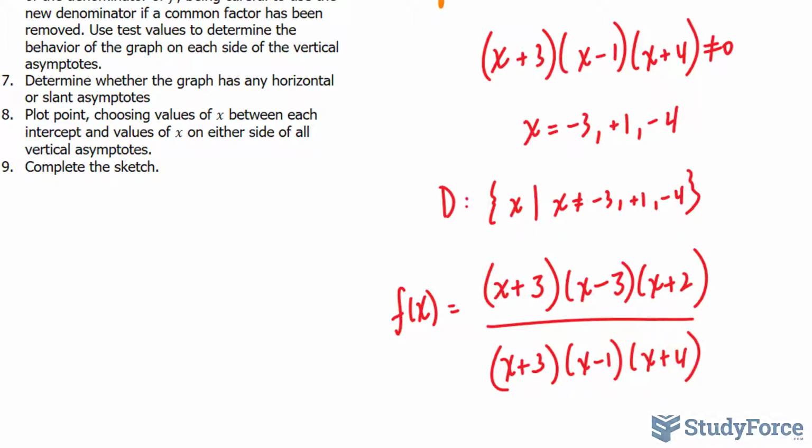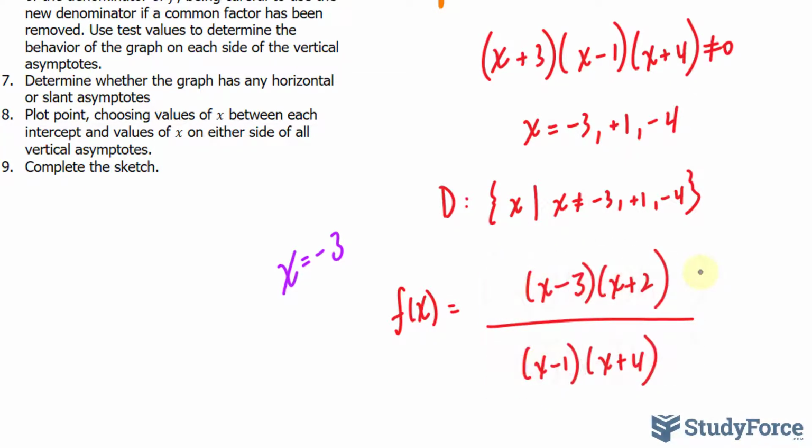Notice that this factor right here and this factor are identical. This means that we will have a removable discontinuity when x is -3. So this will cancel out, and that will cancel out. And the function that we'll be working with moving forward is everything but these two.